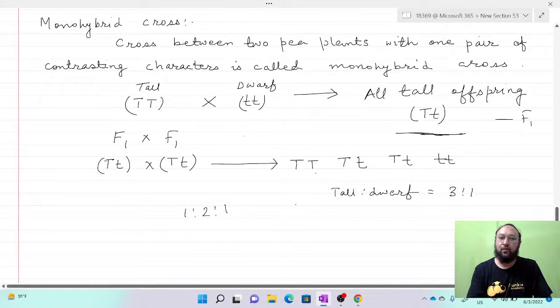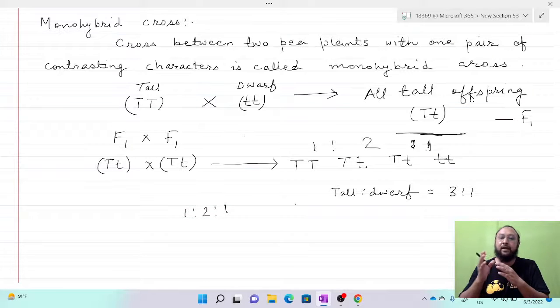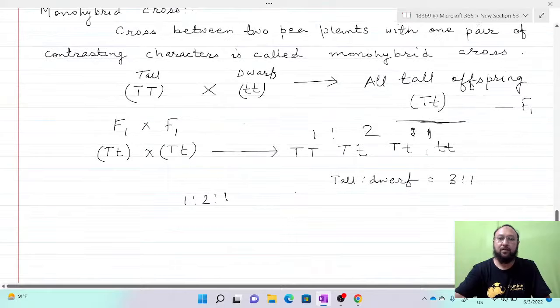Phenotypically, 75% were tall plants and 25% were dwarf.